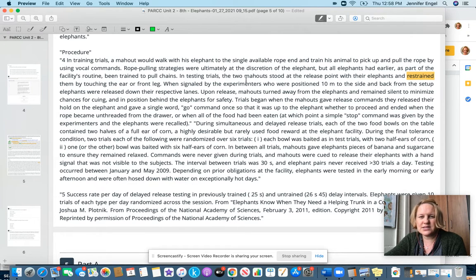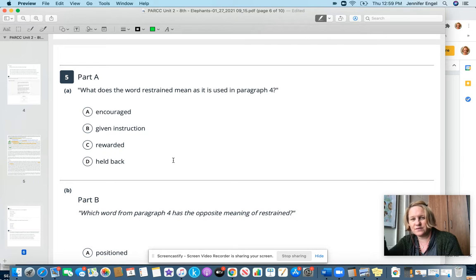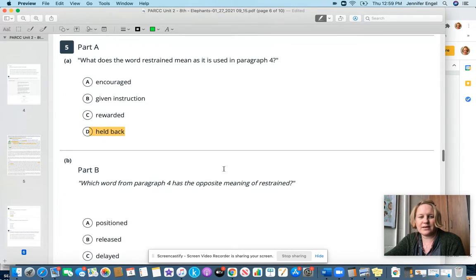In these testing trials, they stood at a releasing point with their elephants and restrained them by touching the ear or the front leg. And then they were released. So here was our clue. Restrained, then released. So if release means to free, restrain must mean to be held back.